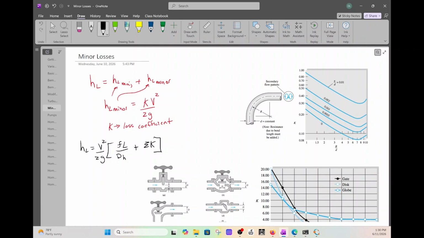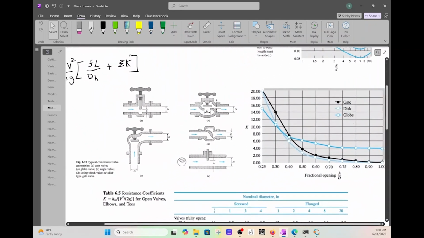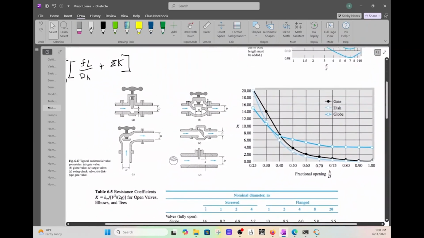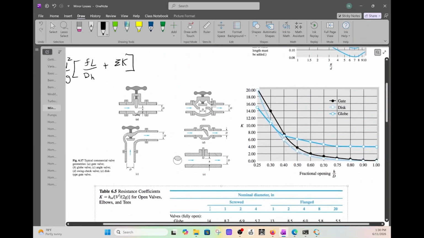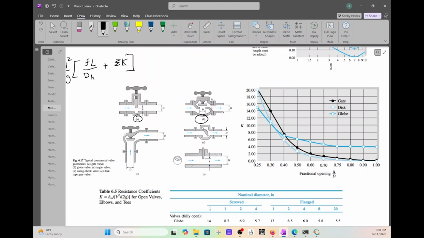So, for example, let's go to these different types of valves. A here is a gate valve, B is a globe valve, C is an angle valve, D we have a swing check valve, and this is a gate that goes up and down.